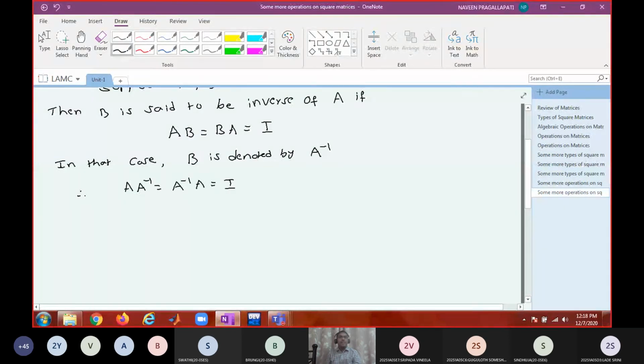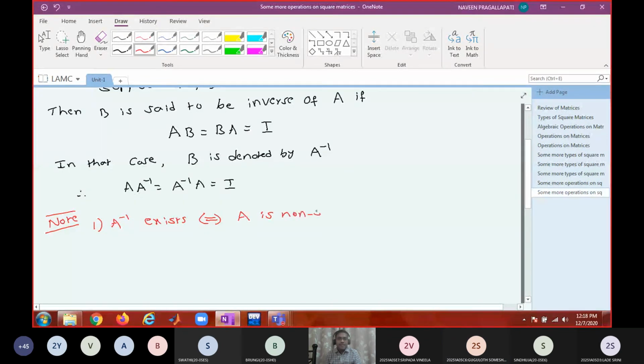Now the point is, when does A inverse exist? When A is non-singular. Now you can say the necessary and sufficient condition: A inverse exists if and only if A is non-singular.